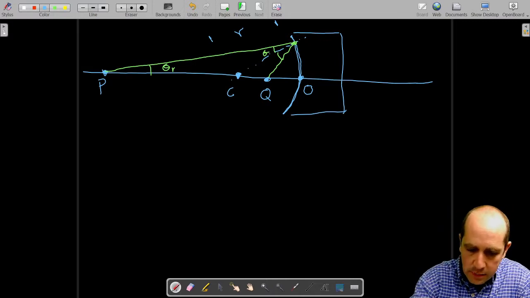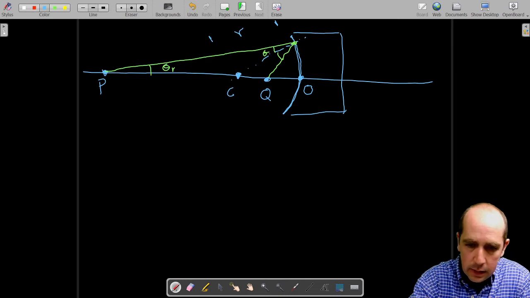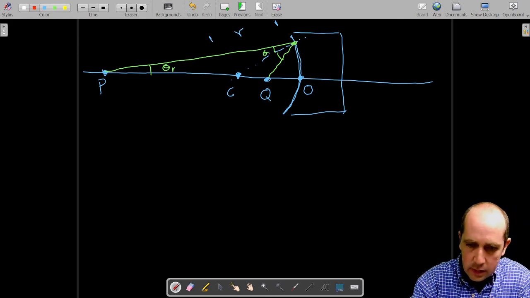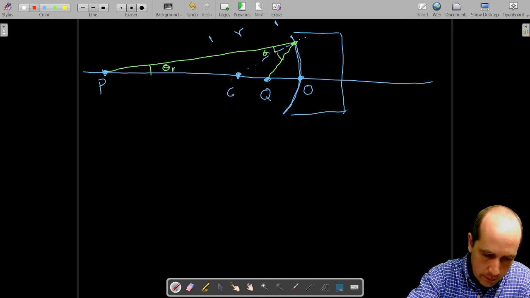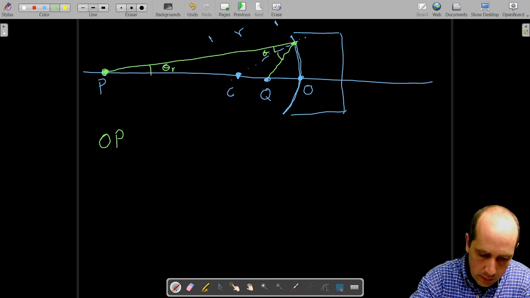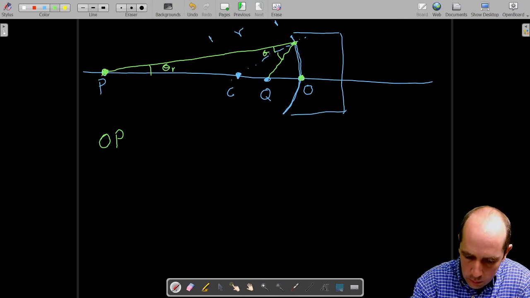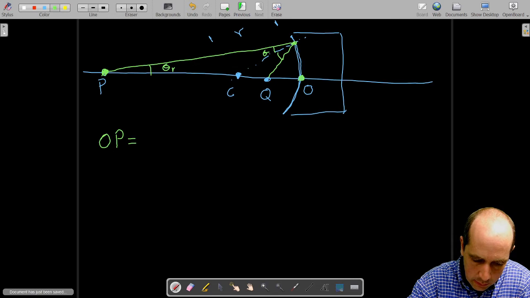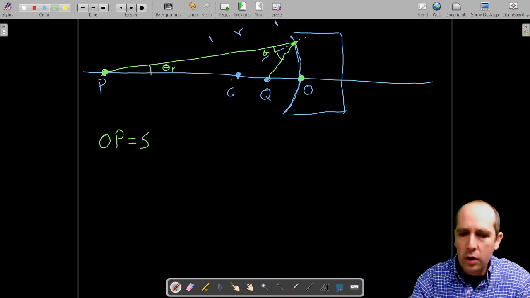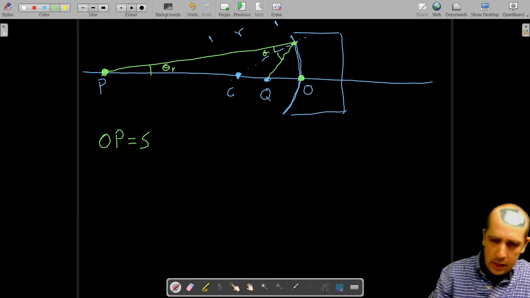A few names for these things. The OP distance, so the distance between the point P and O, we will call S, and we will call that the object distance.